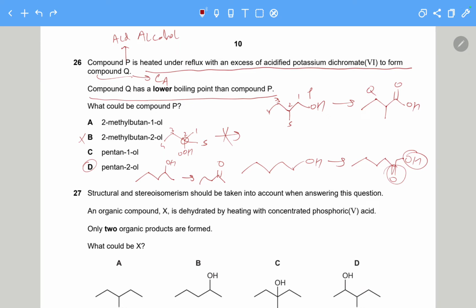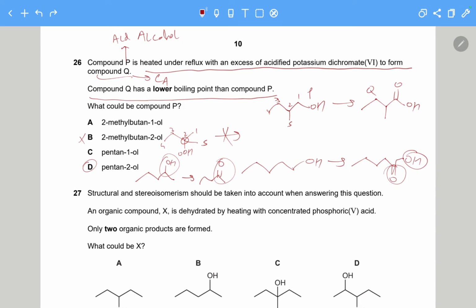Whereas in the ketone, there are no hydrogen bonds and there are only permanent dipole-dipole attractions. So you're going from hydrogen bonds in the alcohol to permanent dipole-dipole attractions in the carbonyl in the ketone. So the boiling point of the ketone will be lower.